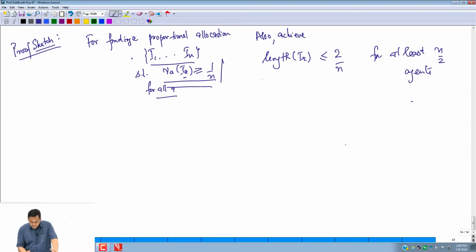At the same time, if I just focus on this property in isolation, so I give you an agent and I ask you, okay, give me an interval IA that is of length less than 2 by n, what can you do? So if I just wanted to find an interval with just the second property, how would I go about doing it?